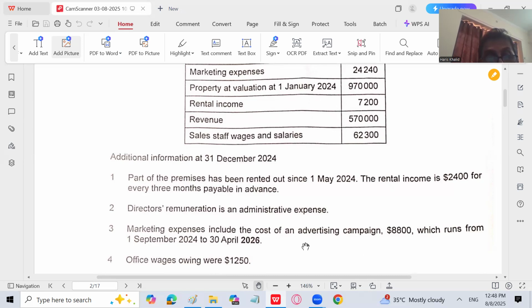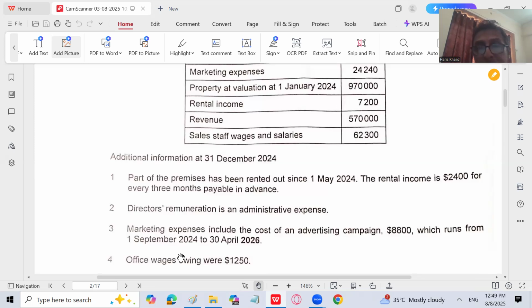How many months of the advertising campaign payment, 8,800, has been included in the marketing expense of 24,240? Let me count. The months which come in our current financial year are only 4 months: September, October, November, and December.